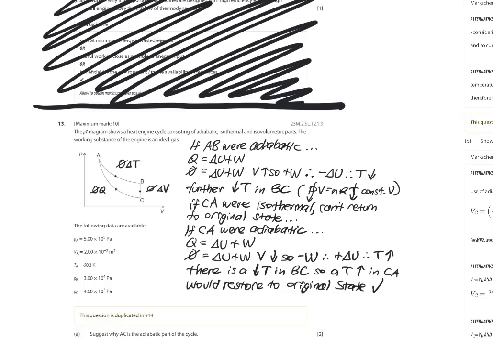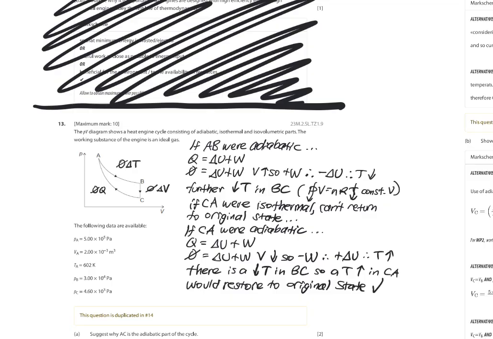If AB were adiabatic and there were no heat in AB, then Q would be 0 and delta U would be equal to the negative of the work. It's an increase in volume from A to B, so that's positive work being done. Therefore delta U would have to be negative, and delta U is 3/2 nR delta T, so that would mean a decrease in temperature. Okay, that's fine. But then in BC, there's a further decrease in temperature because there's a decrease in pressure at constant volume. So now I go cold and cold again.